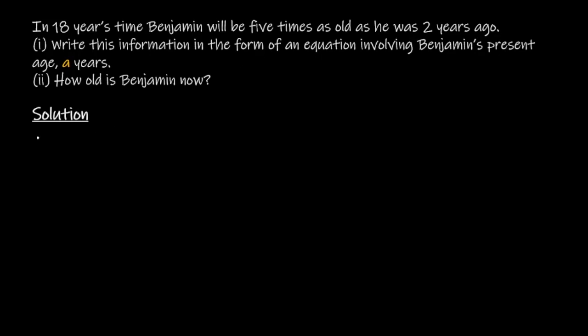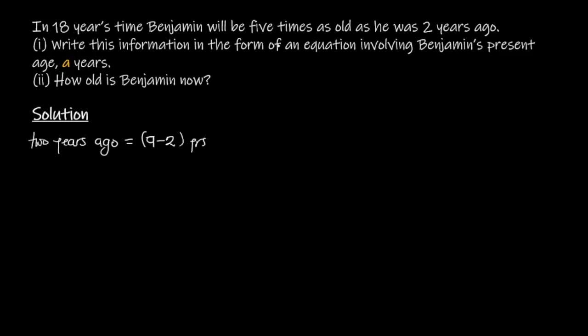Okay, so 2 years ago, since we are to represent Benjamin's age with A, it means 2 years ago Benjamin was A minus 2 years. This was his age 2 years ago.